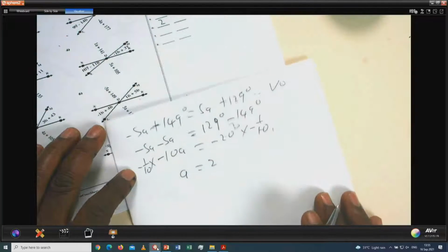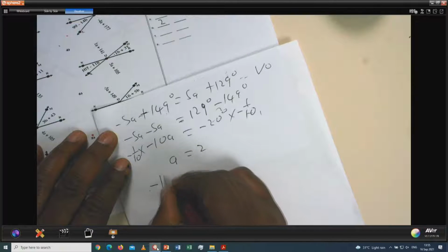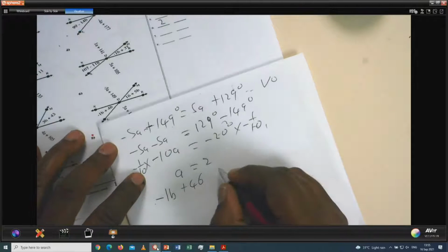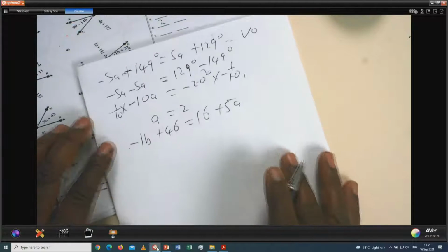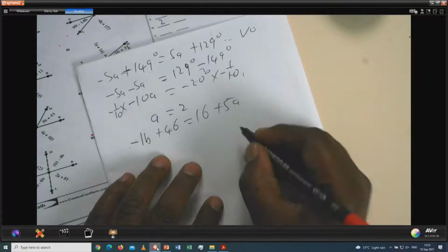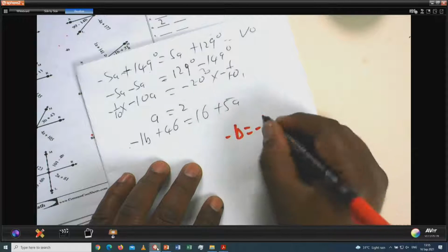Now let's look at B. Minus 1b plus 46 equal to 16 plus 5b. It's important that they write minus 1b, because minus b would mean minus 1 by b.